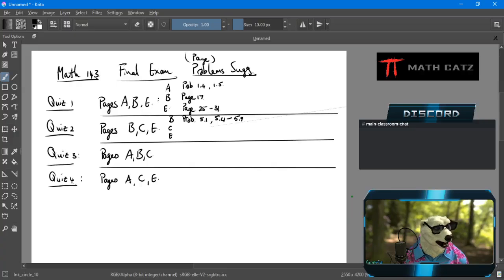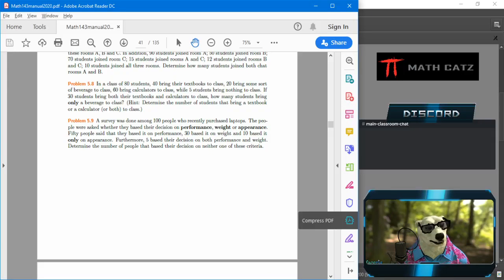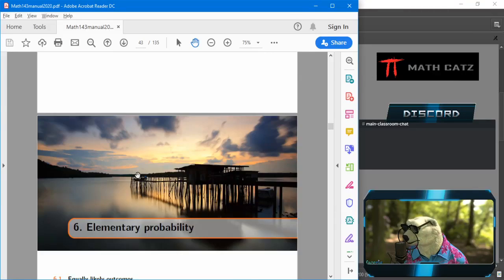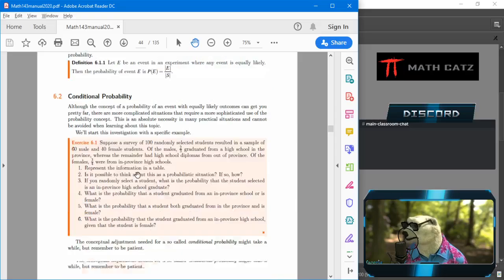C was conditional probability word problems. Is that correct? Sure. C, conditional probability word problems.